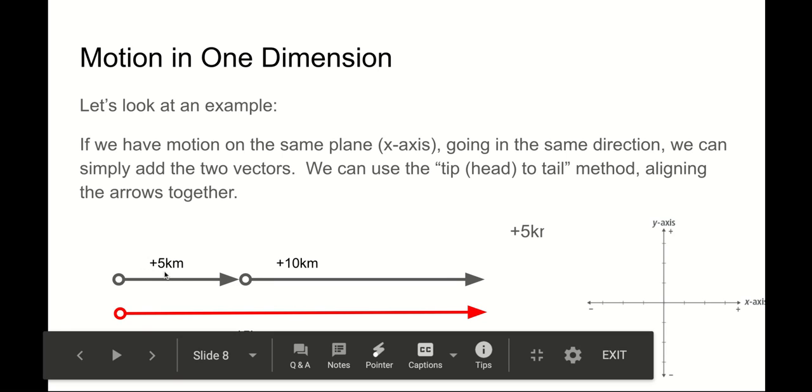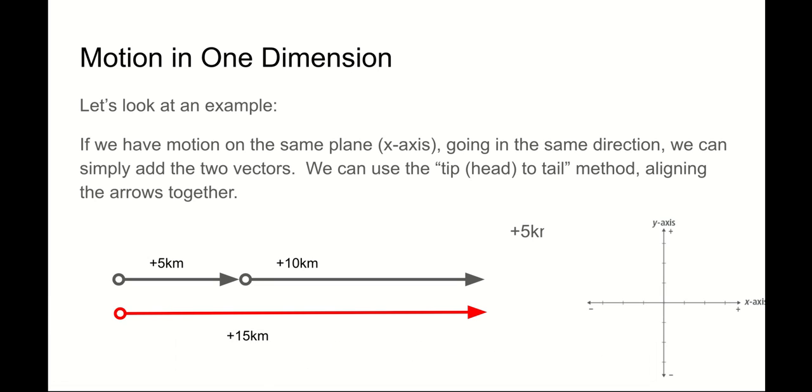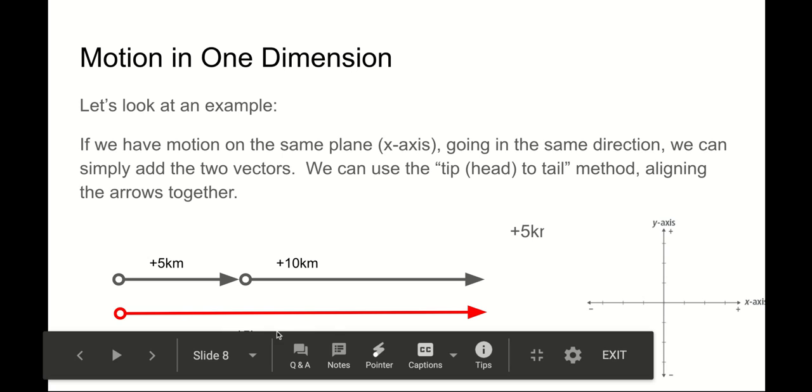So we have a positive 5 kilometers and a positive 10 kilometers, giving us here a positive 15 kilometers. So the displacement of this car is traveling 15 kilometers in the positive direction.